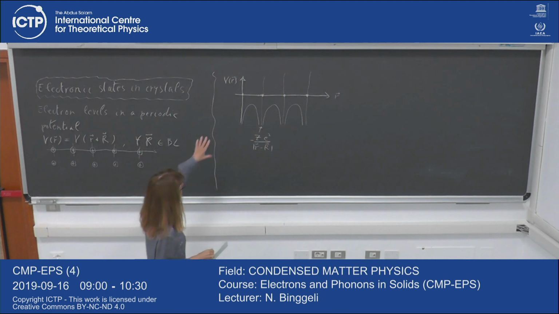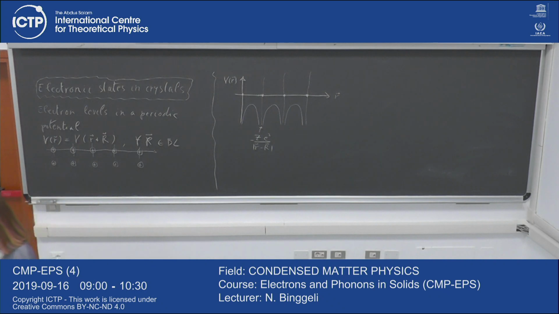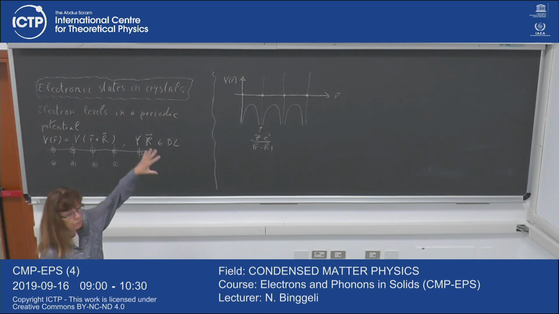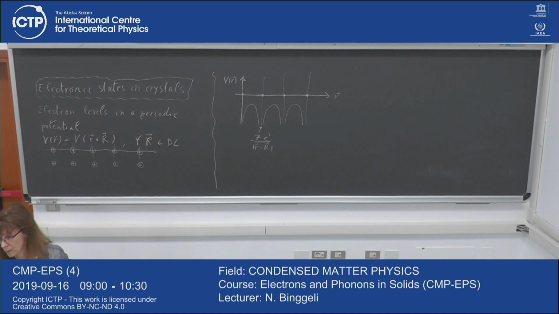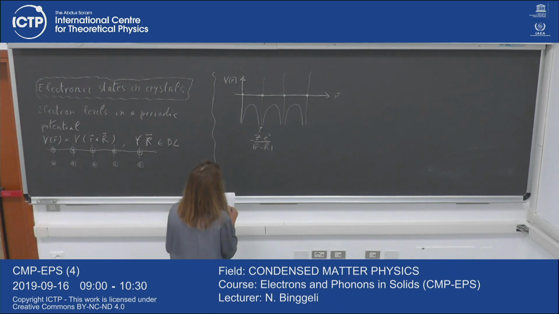So this is the superposition of the atomic potentials, the potential induced by each of the nuclei. It has, of course, the periodicity of the Bravais lattice. And so this is, let's say, the bare potential.